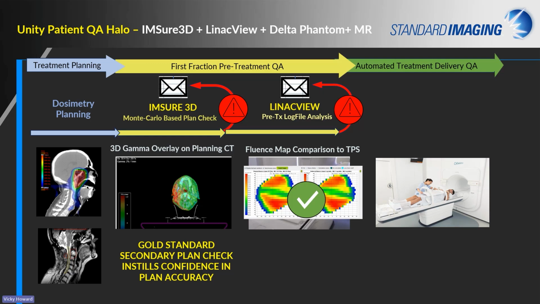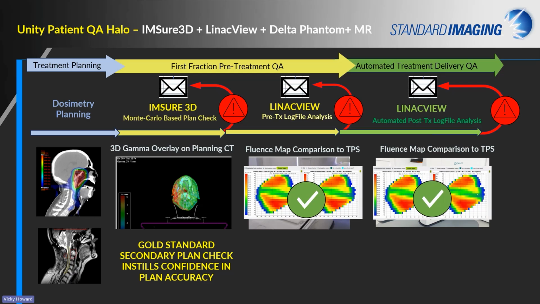Now, when it comes time to actually deliver the plan, whether you did an adaptive plan or you went with this first fraction treatment, you again get that LinacView log file fluence comparison. And so that gives you confidence in the deliverability of the adaptive plan or the original.